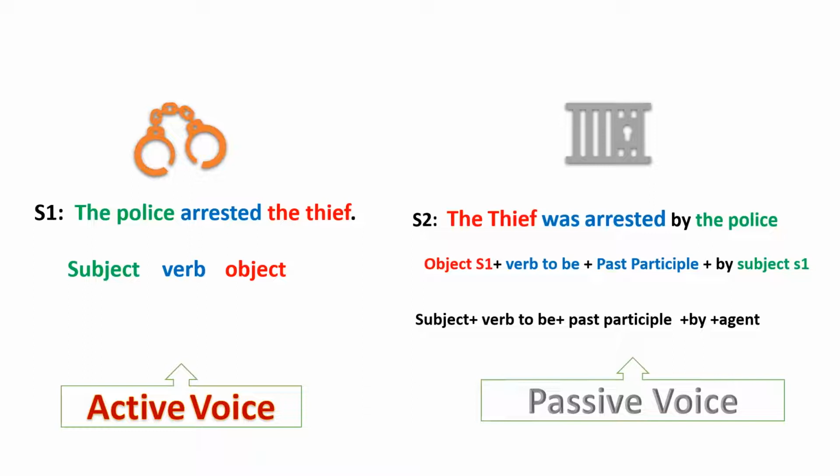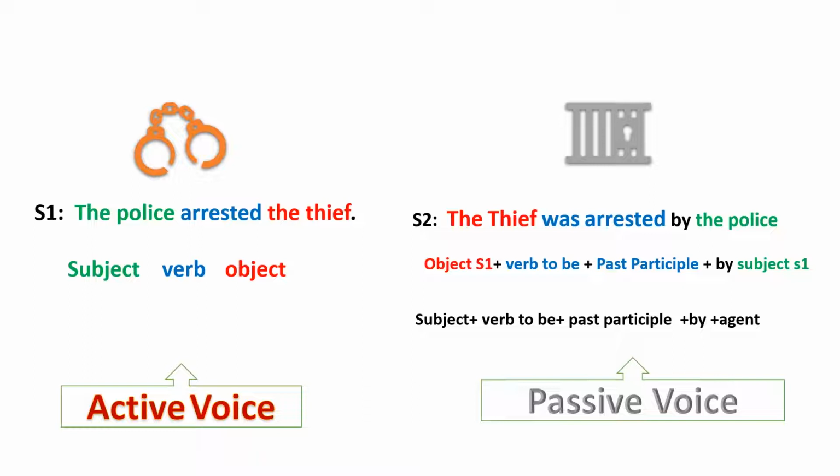It is the object of sentence number 1. So we start with the object of sentence number 1. Then we have "was." We didn't have this verb in the first sentence. Yes, that's right. We use the verb to be because we want to move to the passive voice. So when we want to move to the passive voice, we have at this level to use the verb to be.